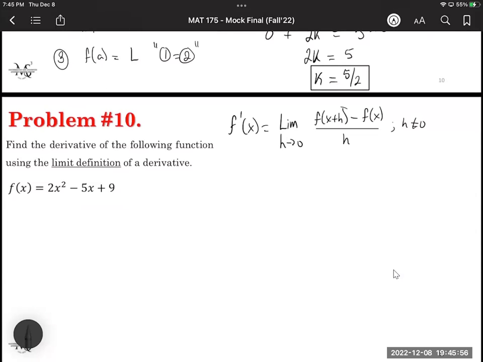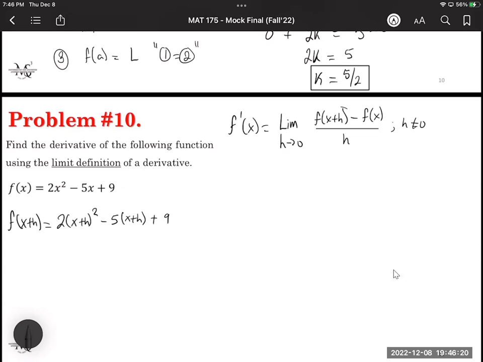So, if f of x is 2x squared minus 5x plus 9, first thing is you get your f of x plus h. Well, f of x plus h would imply that wherever I see an x, replace it with that expression, the expression x plus h. So this becomes 2 times (x plus h) squared minus 5 times (x plus h) plus 9.